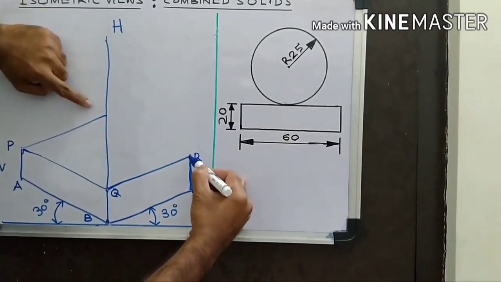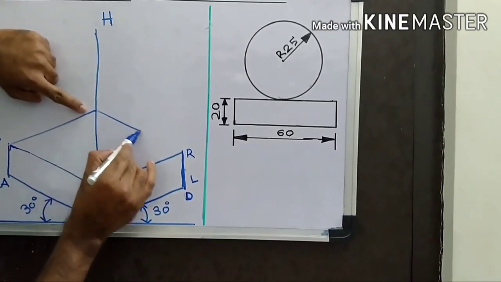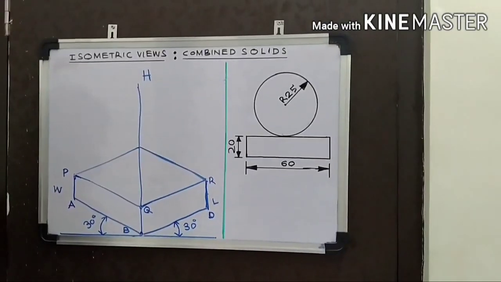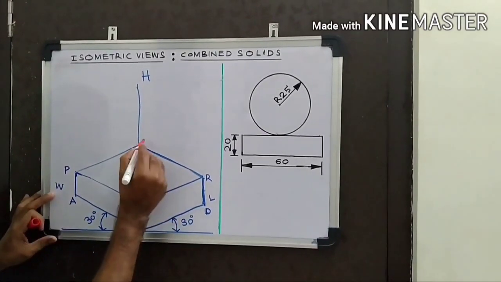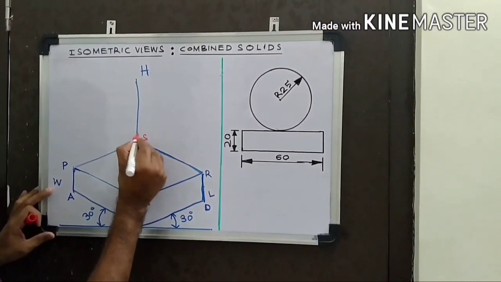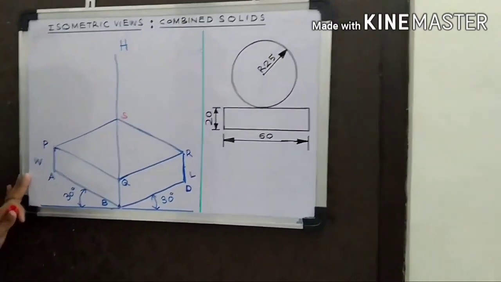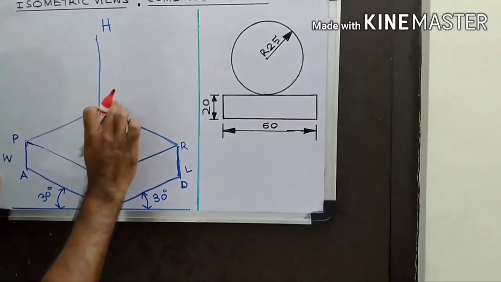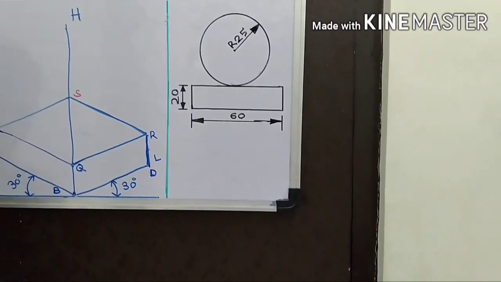Now passing through point R, draw a parallel line to AB by using a drafter. Now name this point S. PQRS. Now QR is going to be the rhombus's shorter diagonal.